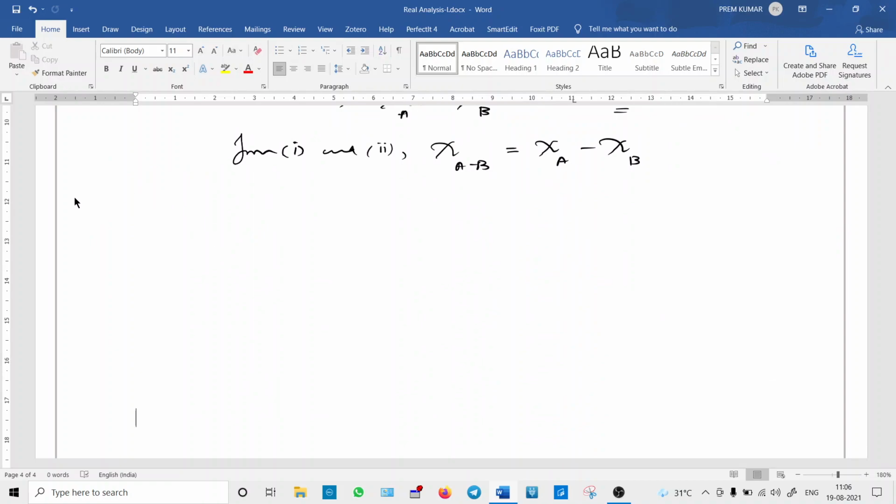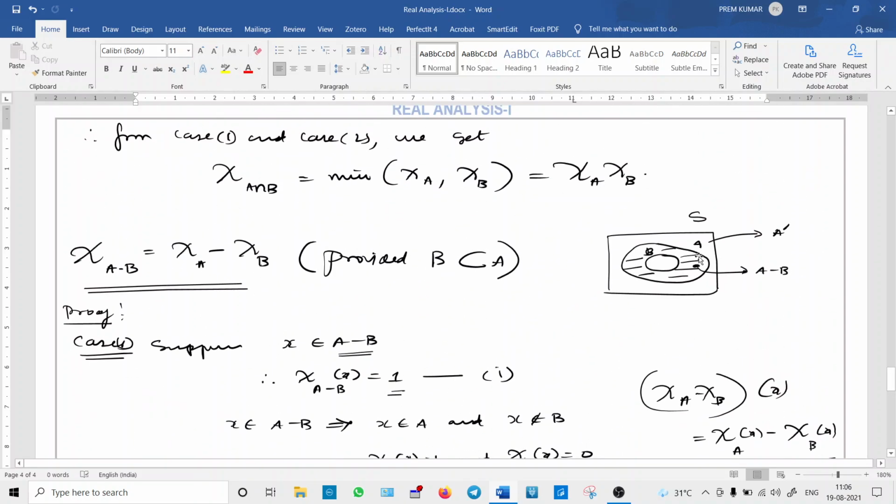Now case 2. Case 2, what happens? Suppose our X does not belong to A difference B. For this kind of relation between sets, that is B is a subset of A, what is the meaning? X does not belong to A difference B means it cannot be here, so it should fall here, that is A dash.